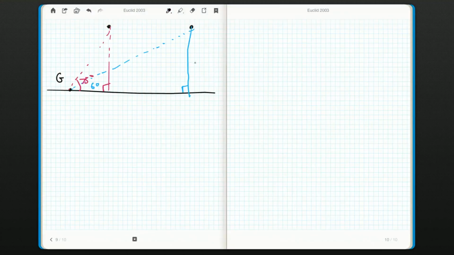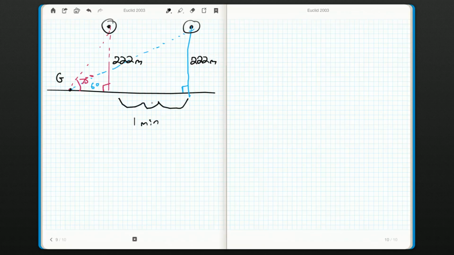And we know we've got 222 meters both times for the opposite side length to our angle. And we know the helicopter moves from this one to this one in 1 minute. So he goes this distance in 1 minute.